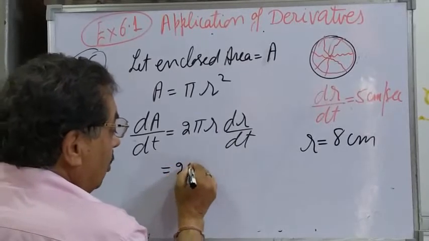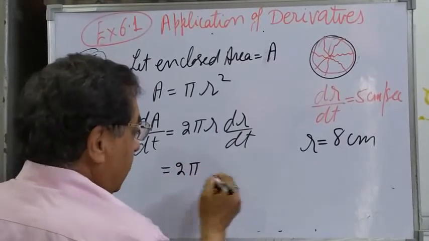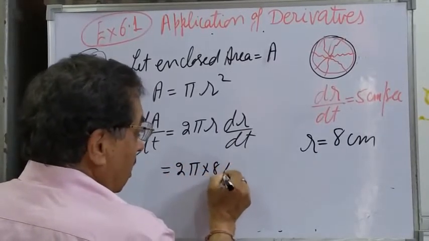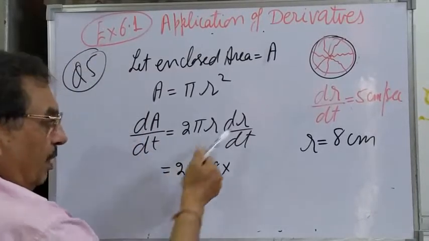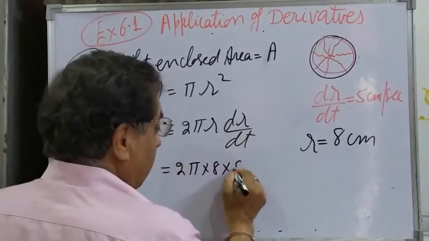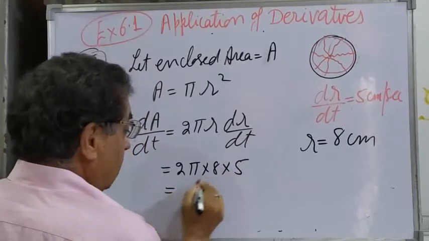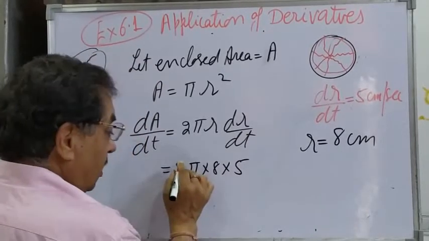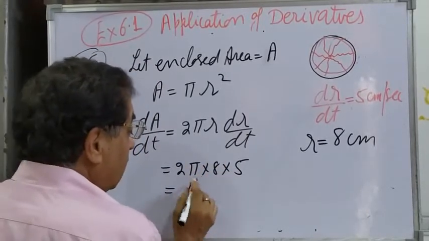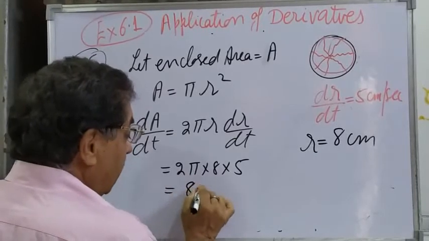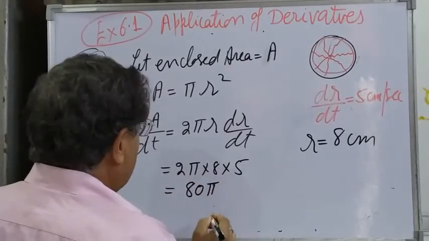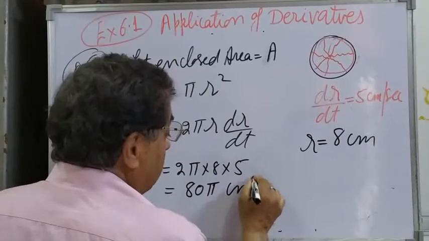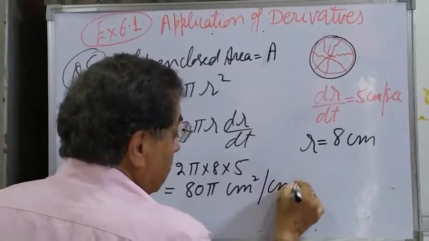Now 2 pi, when the radius is 8 centimeter and dr by dt is 5, which we have been given, that is 16 fives are, what is 16 fives? 80 pi centimeter square per second.